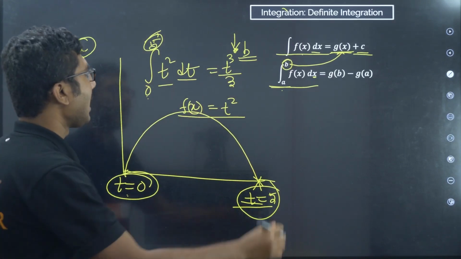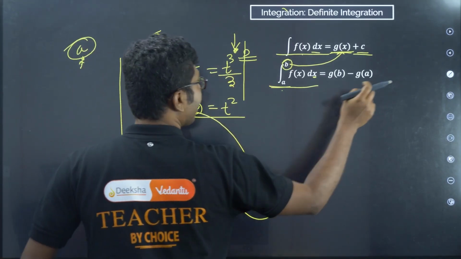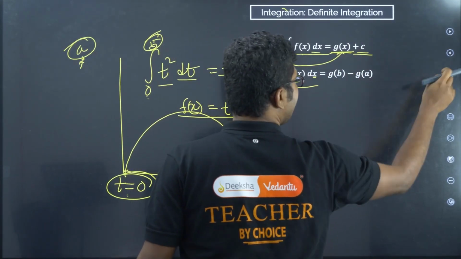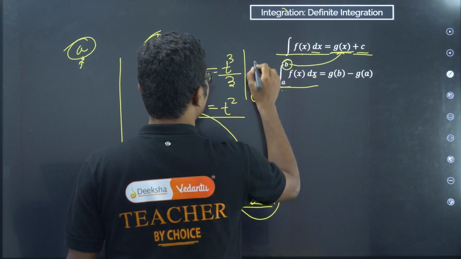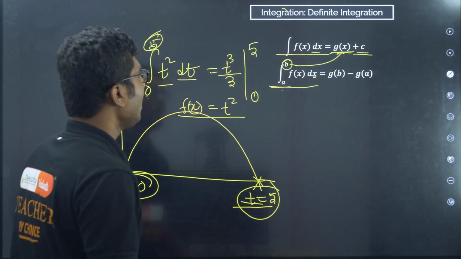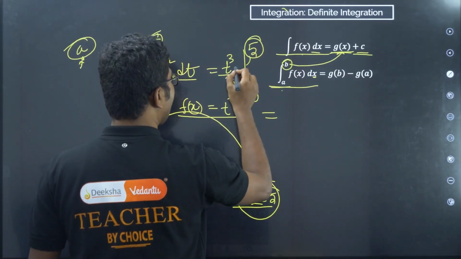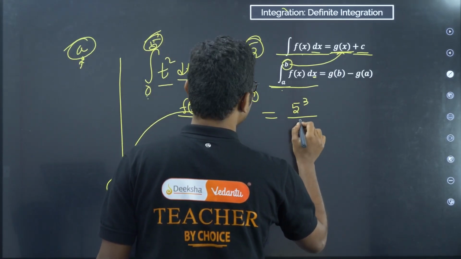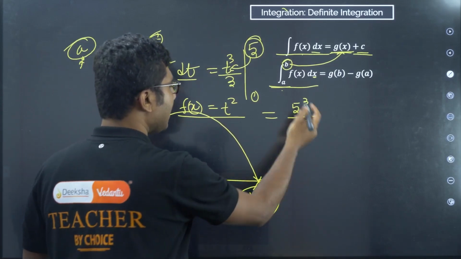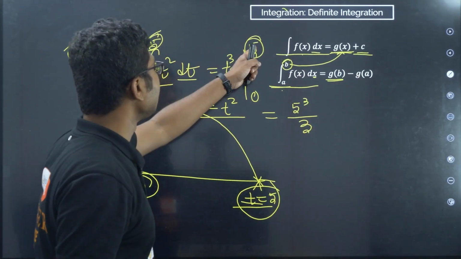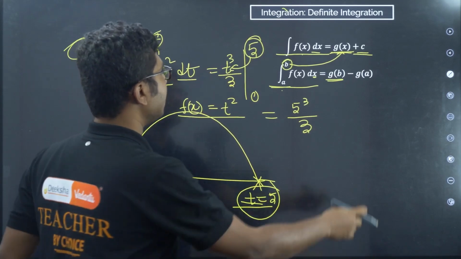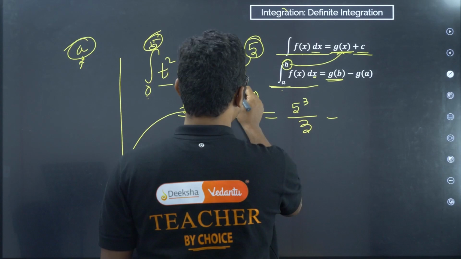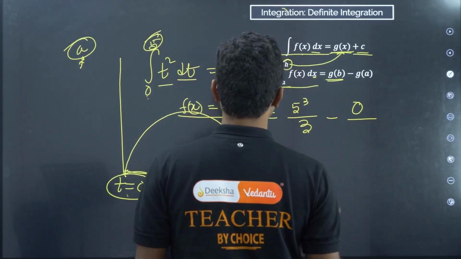While doing the definite integration, we will write this from 0 to 5, and we will put this 5 value instead of t. So 5 cube divided by 3. Okay, this is called the upper limit. First we put the upper limit value. Instead of t we have put 5. So instead of x we put this value b, the upper limit, minus the lower limit, which was 0. So 0 divided by 3.